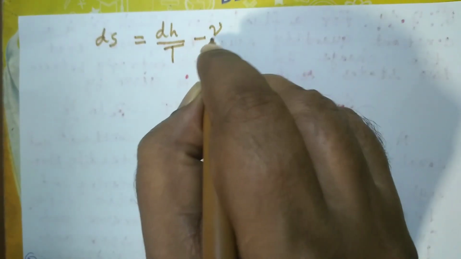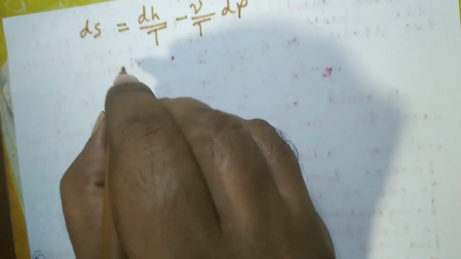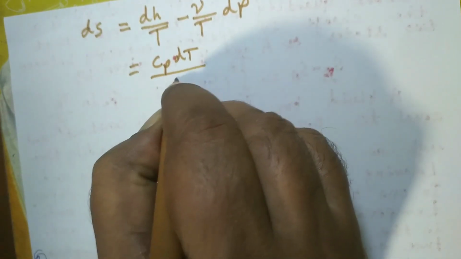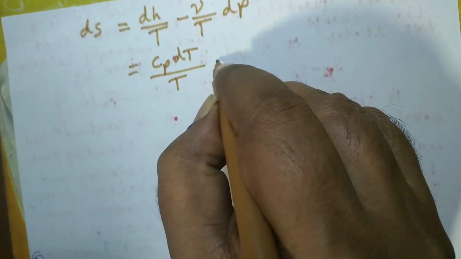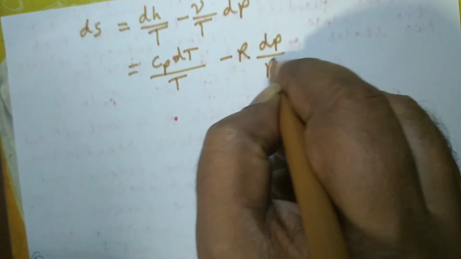From this we can obtain ds equal to dh divided by T minus (v/T) dp, and this is equal to, dh is equal to Cp dT, divided by T minus R dp/p.